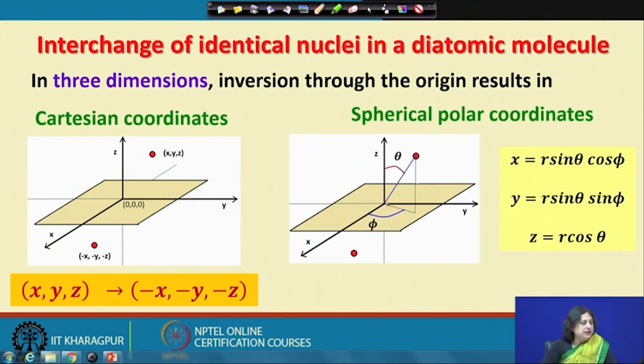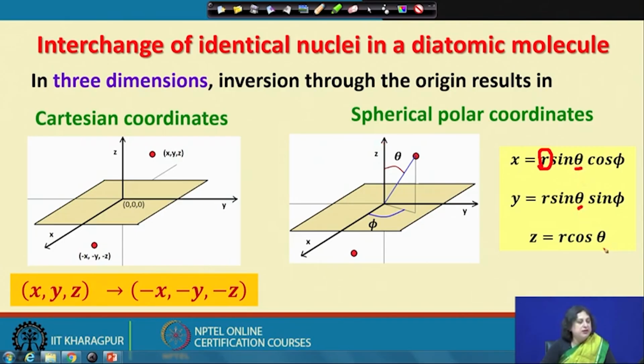So, this distance between this point and this point is my radial distance r. Now, what is theta? If I take this straight line and find out the angle made by it with the positive side of the z axis, that is given by theta.